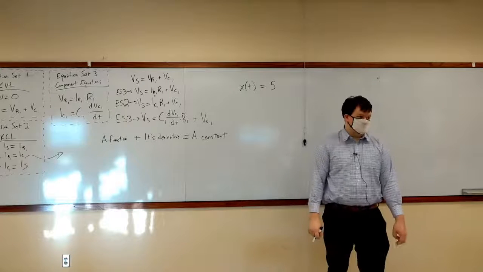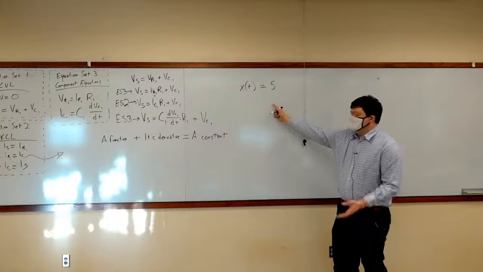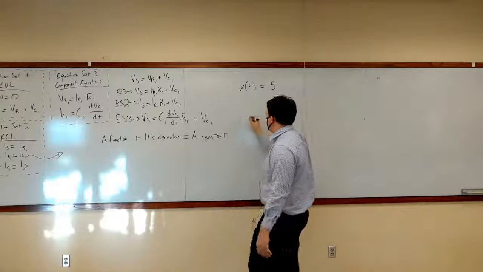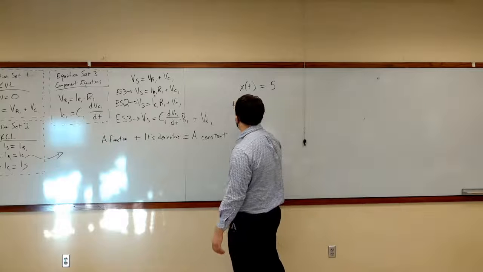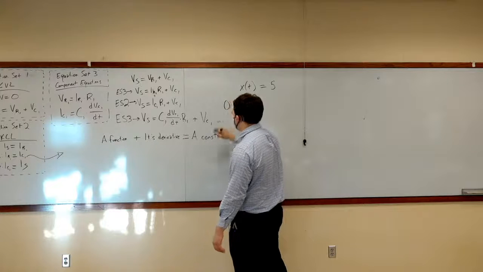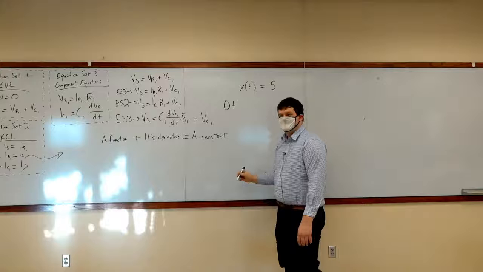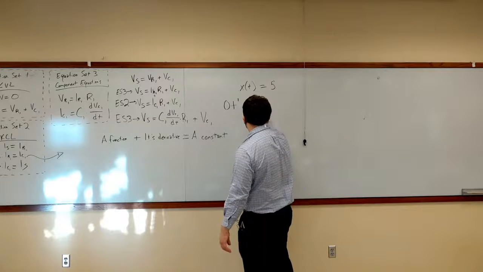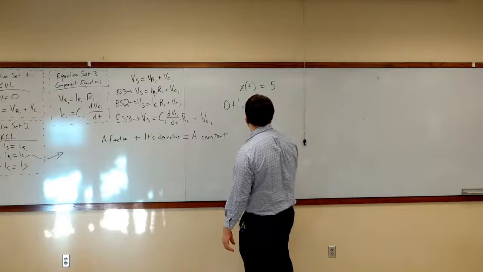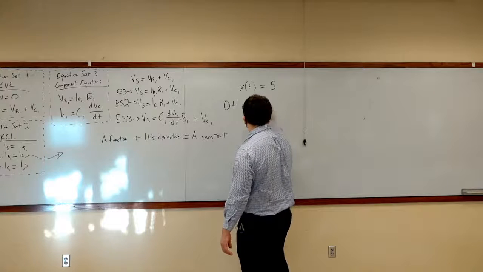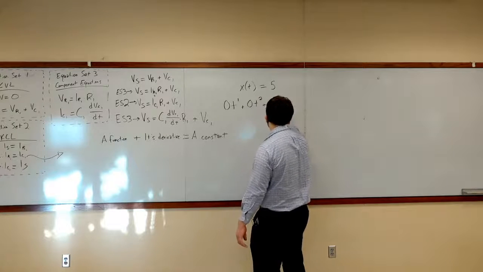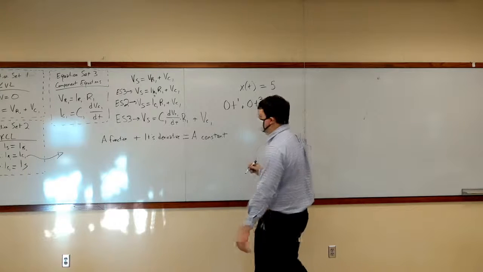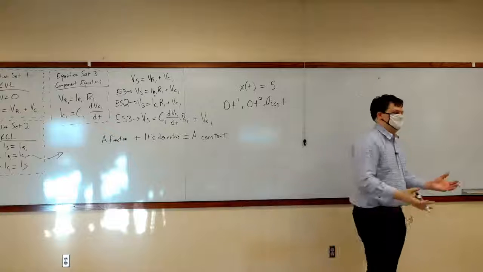It doesn't. It can't. When you write out x as a function of t, you're like t to the first, well, you have to have a coefficient of 0 in front of that. Plus t to the second, well, you have to have a coefficient of 0 in front of that too. Cosine of t, you have to have a coefficient of 0 in front of that too, because it can't change with time.